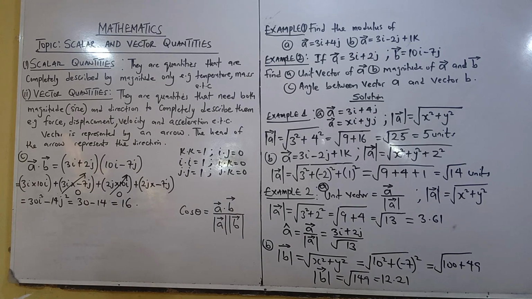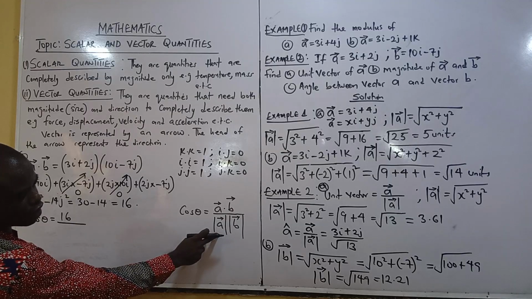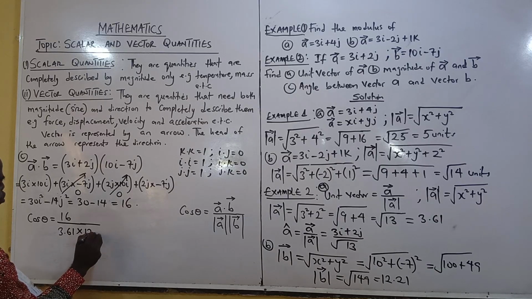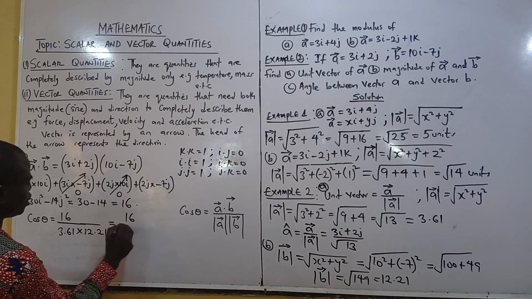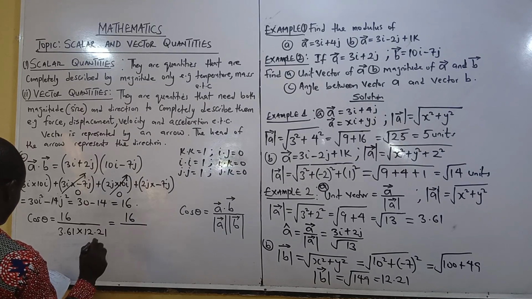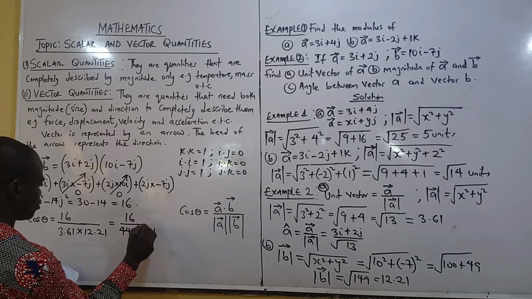Now you write cos theta equals 16 divided by modulus of A, 3.61, times modulus of B, 12.21. When you multiply the denominator, you have 44.0781.